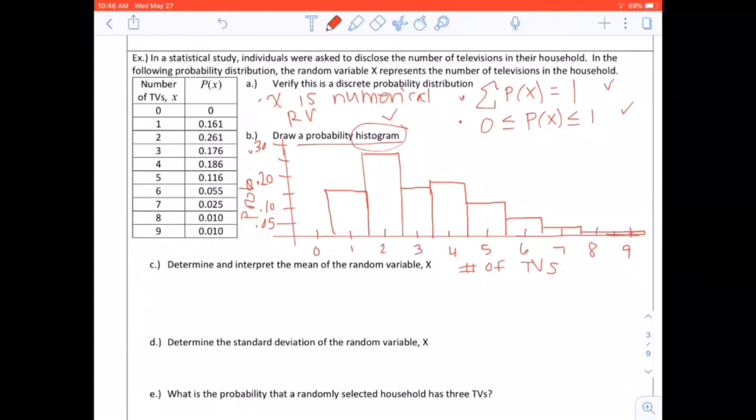So we got the mean of our random variable, so mu sub x is equal to, rounding to 2 decimal places, 3.21. And it does say to interpret.